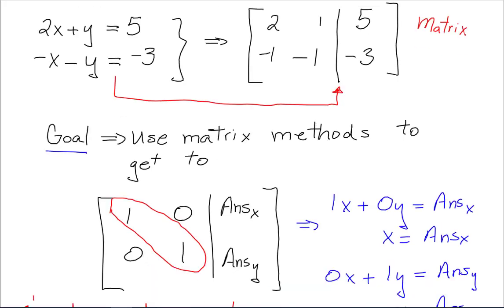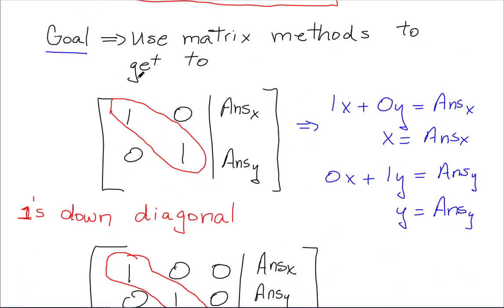Now, our goal is to try and take the matrix and make it look like a 1, a 0, a 0, a 1, where there's ones on this diagonal downward and there's zeros in every other place. And then I put here on this side the answer for x and the answer for y. Let's see why that would be the case.